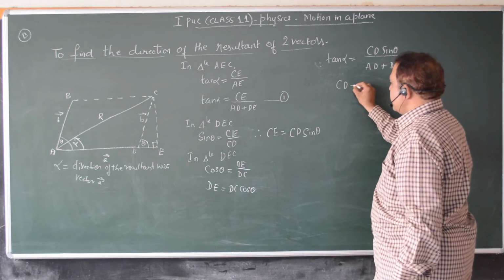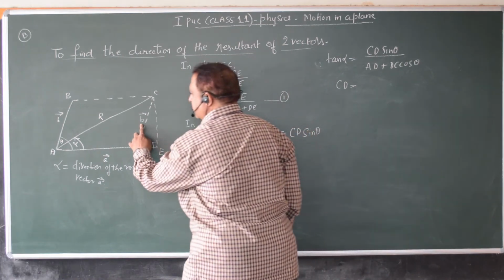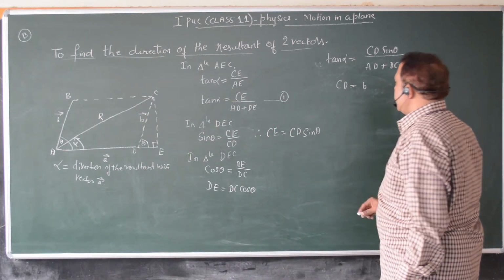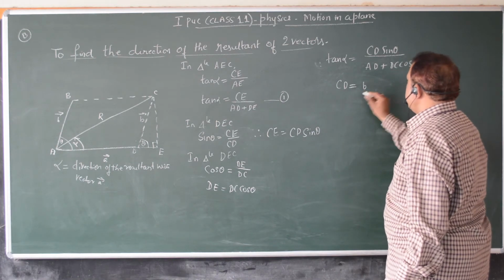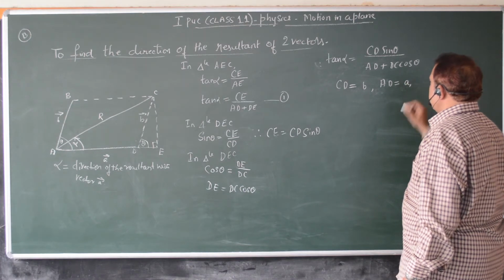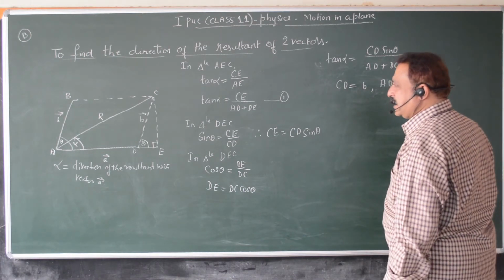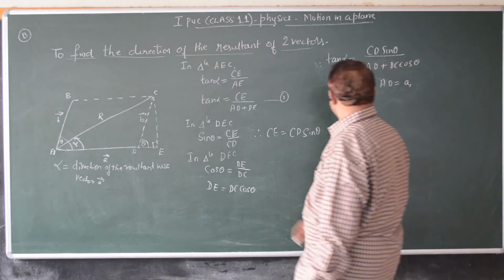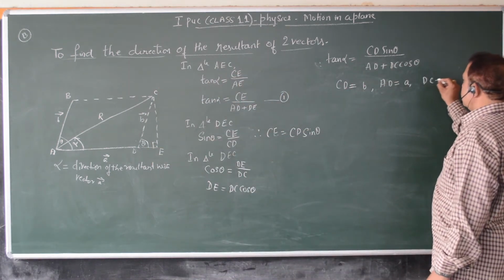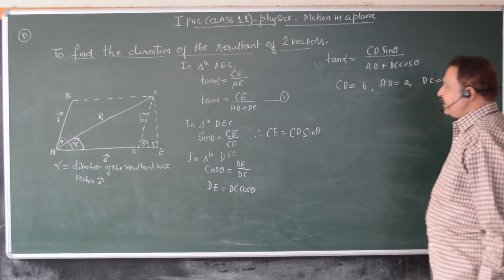Now what is CD? CD is vector B, so the length of CD is B. And what is AD? AD is the magnitude of vector A. And DC or CD is B only.